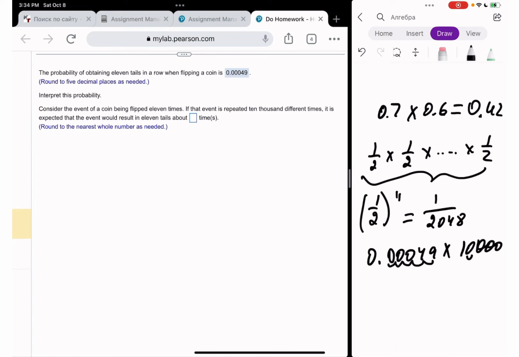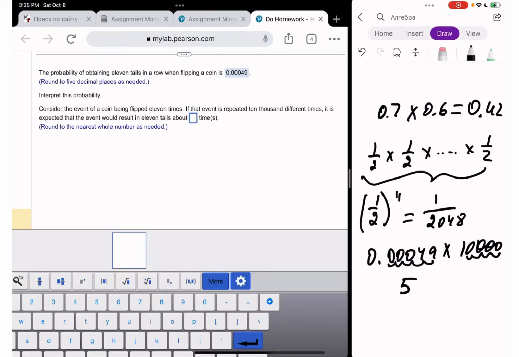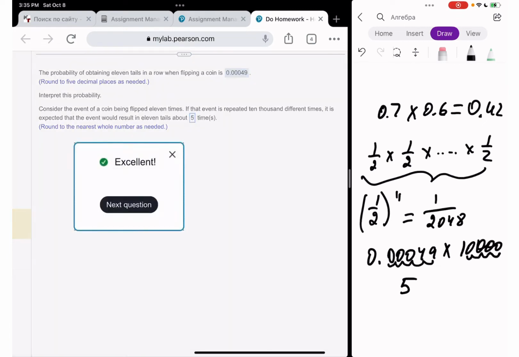So we get 4.9, rounding, it's going to be 5 times. If it said coin being flipped 8 times, then you would calculate 1/2 times 1/2, 8 times, and only then multiply by 10,000 times. So in this case, we are getting 5 times. Let's see. Fantastic.